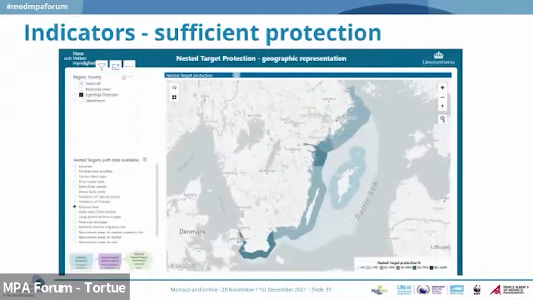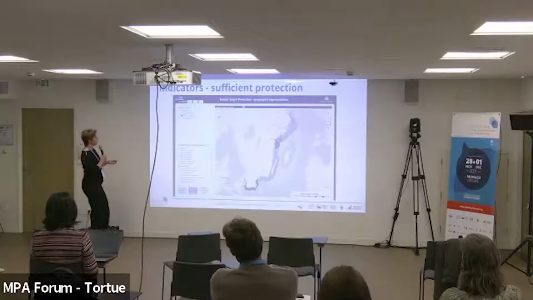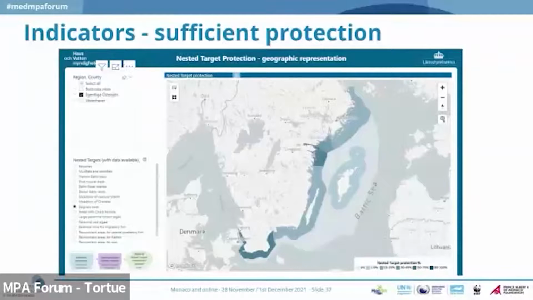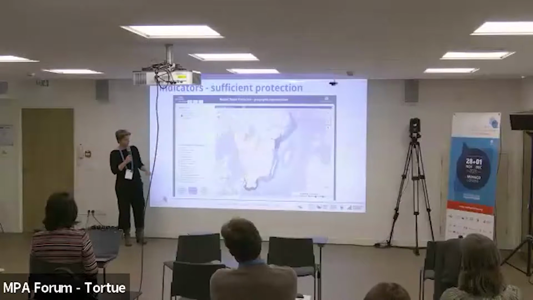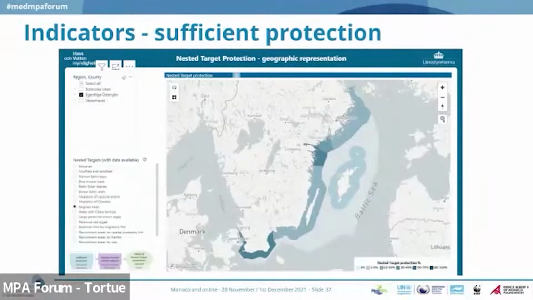Other indicators, and you could display this actually also spatially. So in the case of Sweden, we've put a lot of effort into trying to translate this information in a spatial way. So you see here again, for a particular sub-region, you see eelgrass beds, and it gives an idea of the level of protection in different shades, so different parts of that particular region, which consists of coastal counties.